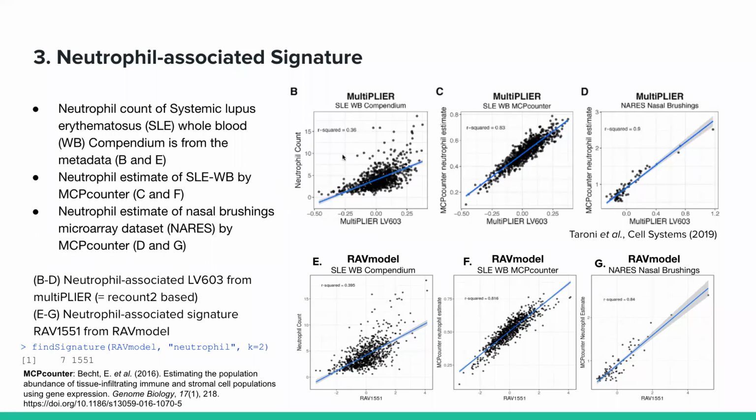And in the MultiPLIER study, they showed that it performed well both against actual neutrophil counts, against these estimates based on a specific tool, MCP counter, in two different data sets.